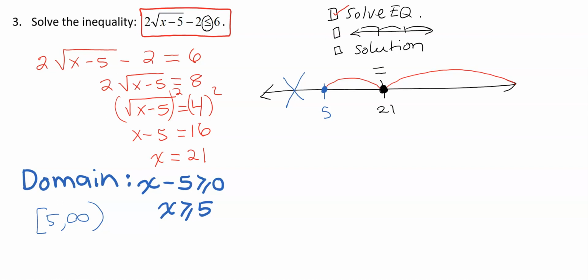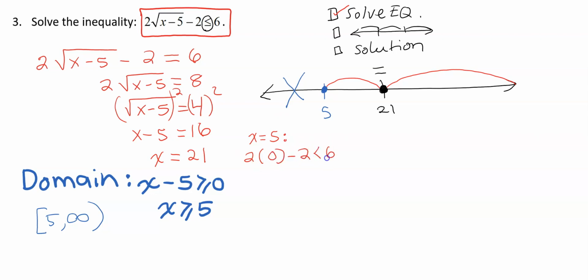Okay, so let's go take a look. Do we want to include 5 even? Okay, so let's say when x is 5, we will have 2 times 0 minus 2.